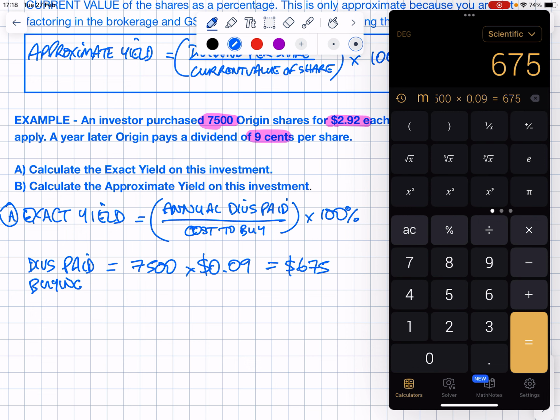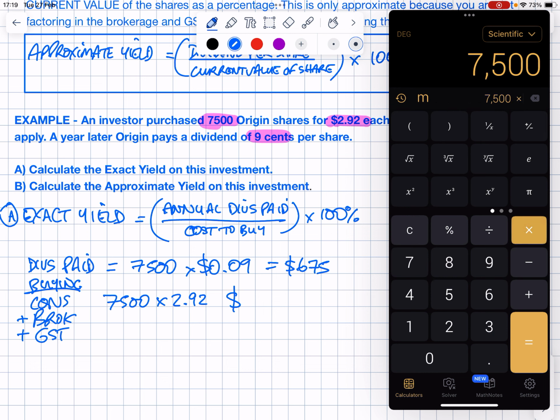Buying, consideration, brokerage, GST. We're adding those things. Consideration is 7,500 shares purchased at $2.92 each. 7,500 times by 2.92, $21,900. Brokerage is 2%, so it's 0.02 times by 21,900, which is $438.